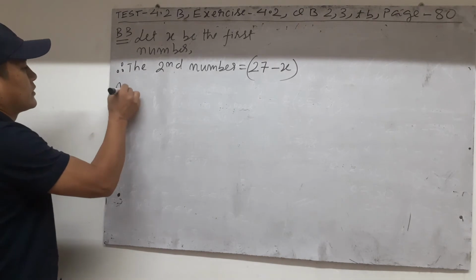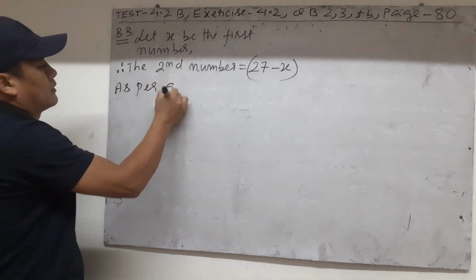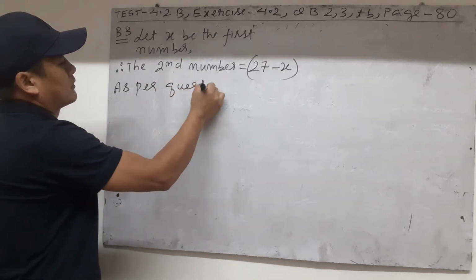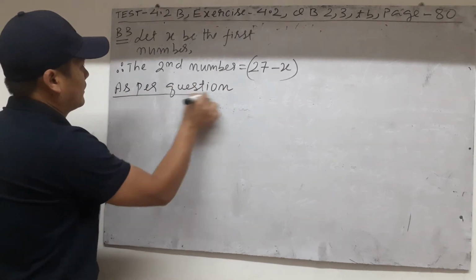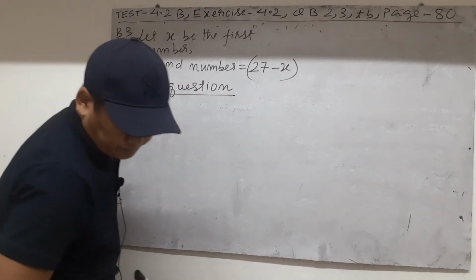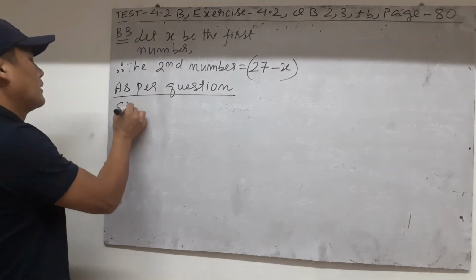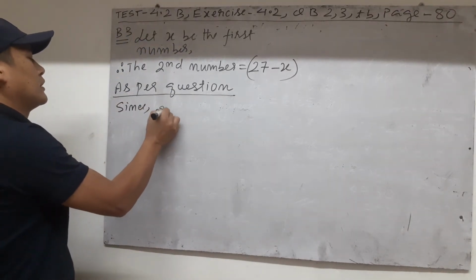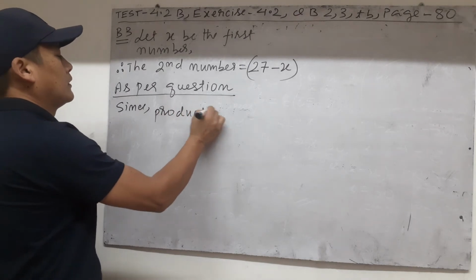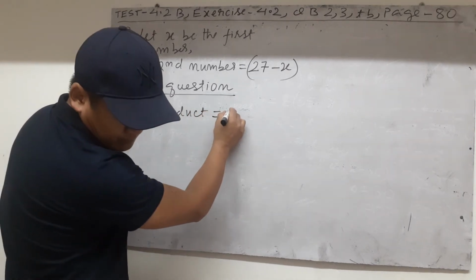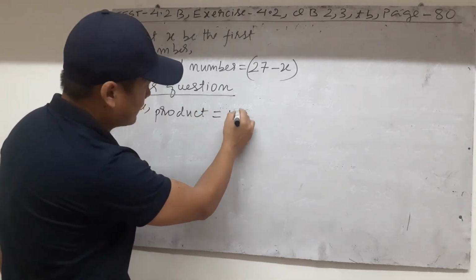Now, the product. As per the last part, the condition of the question, the product is, since the question is saying clearly, product means equal to 182.